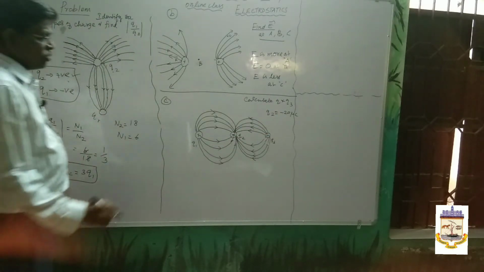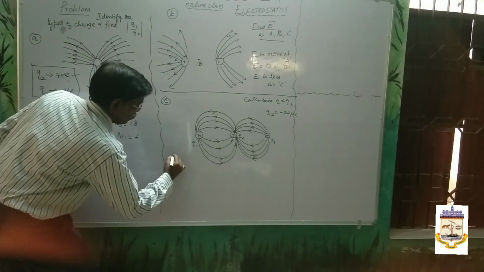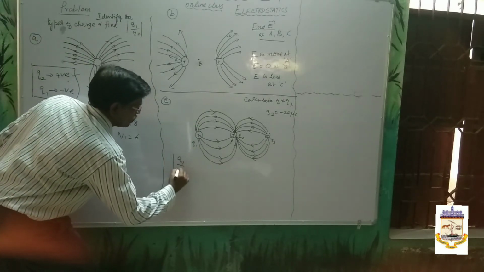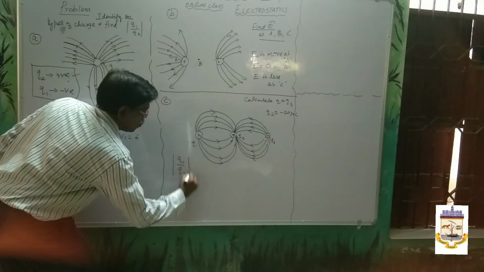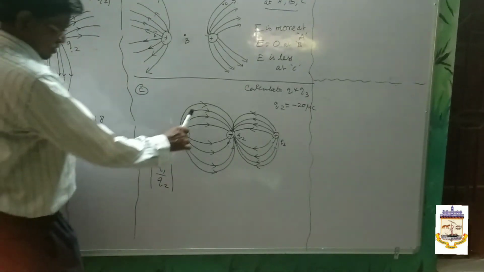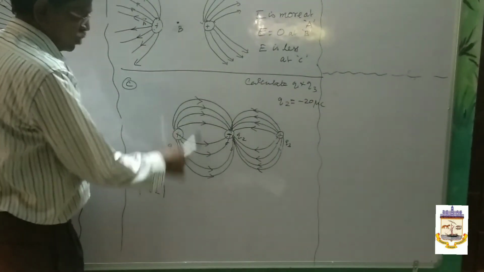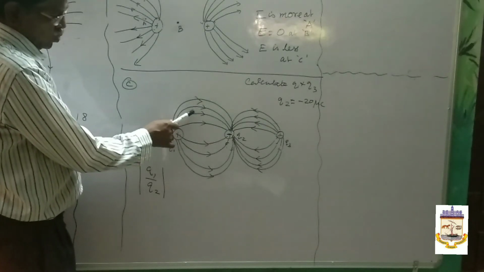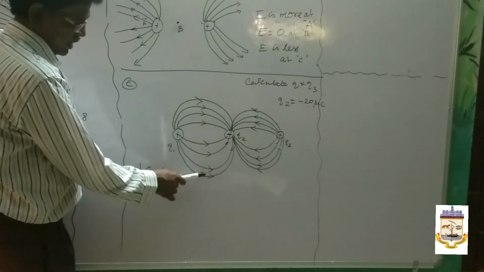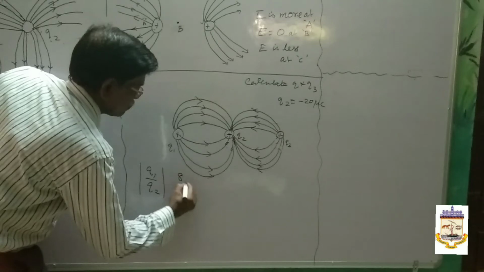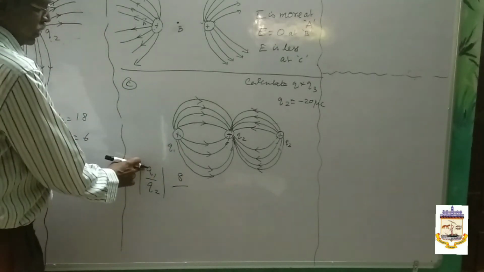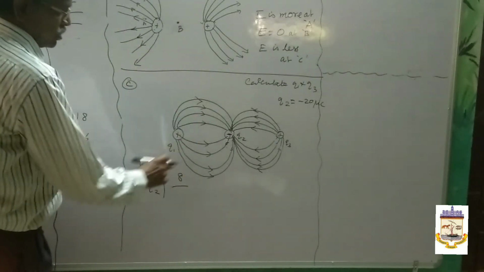Okay, now you find the ratio of Q1 and Q2. What is Q1? Count the number of lines. 1, 2, 3, 4, 5, 6, 7, 8. So 8. The magnitude of Q1 is nothing but the number of lines.